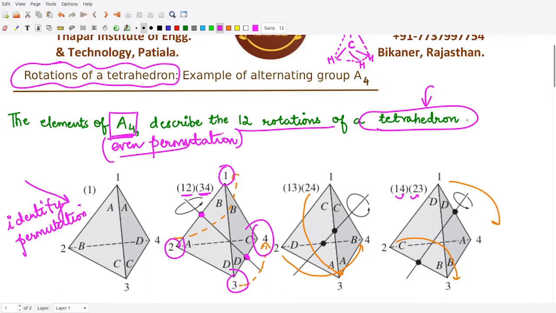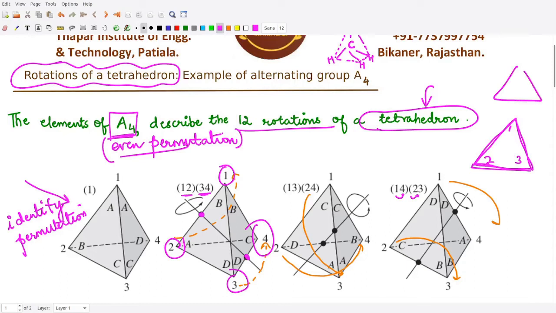Now what about planes? We know we have 4 planes here, so accordingly we could rotate it plane-wise. Each of the 4 planes forms a triangle having 3 edges, so we can rotate this triangle. Say this is 1, this is 2, this is 3.